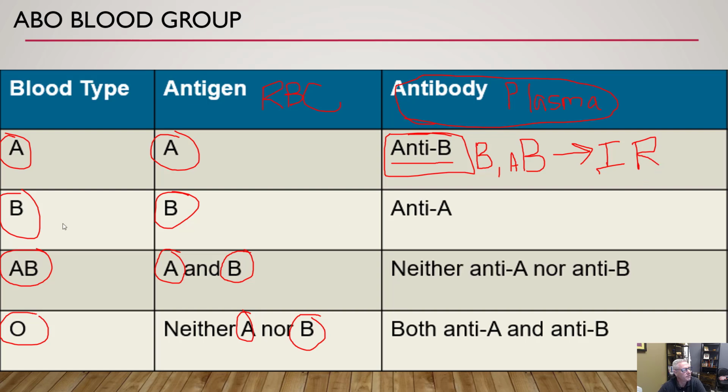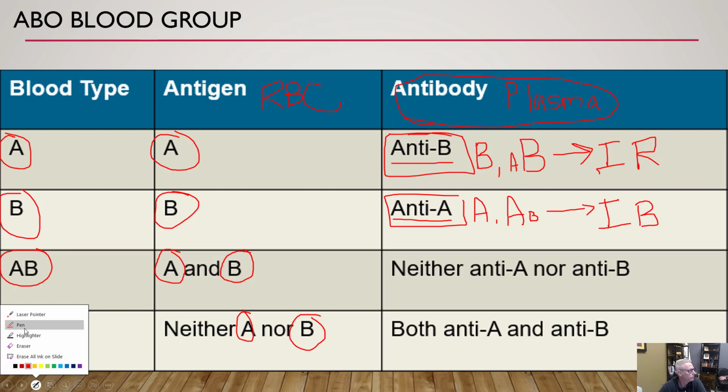If we have type B blood, we're going to have this anti-A antibody. So if we receive type A blood or type AB blood, we're going to trigger that anti-A antibody and we're going to get an immune response.